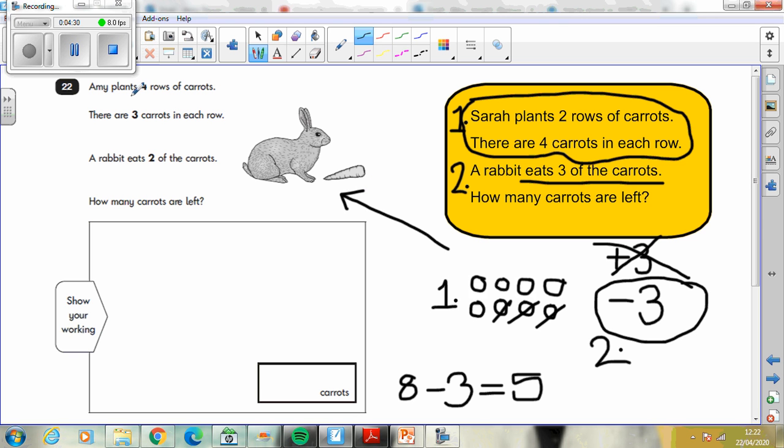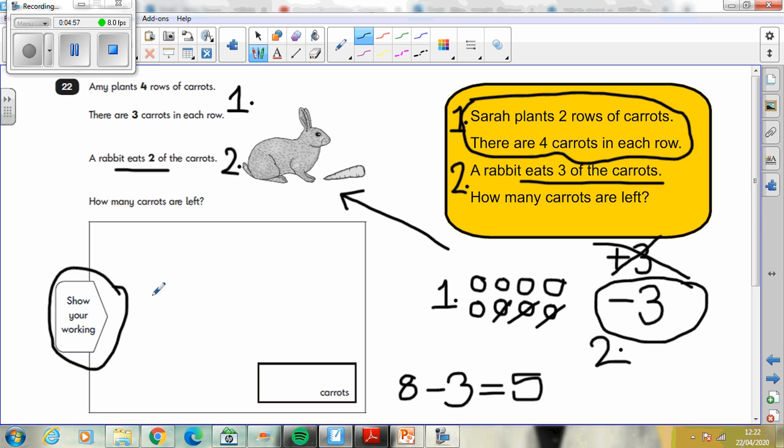So you can see here for the real question, we've got Amy planting 4 rows of carrots with 3 carrots in each row. This is going to be your step 1. And then a rabbit eats 2 of the carrots. That's the next thing that happens. And so that is your step 2. You notice here it says show your working.